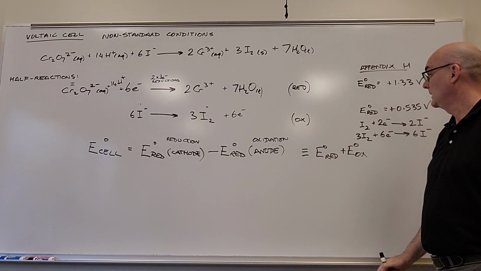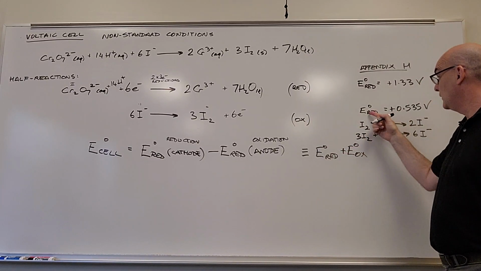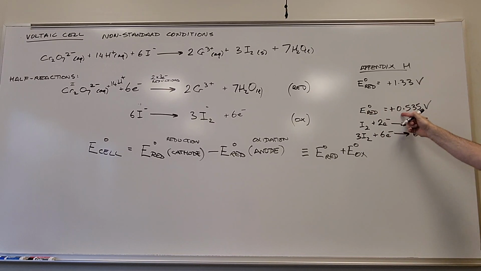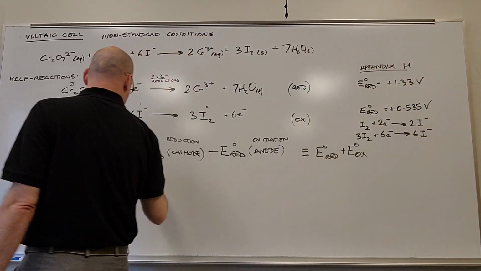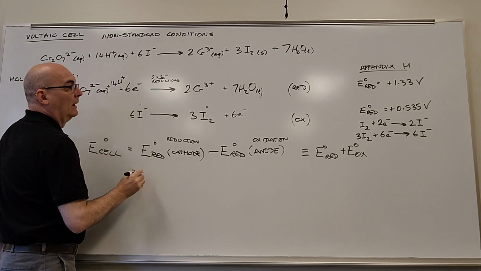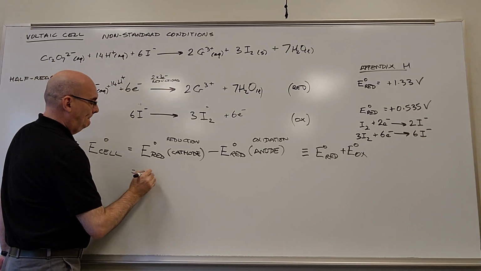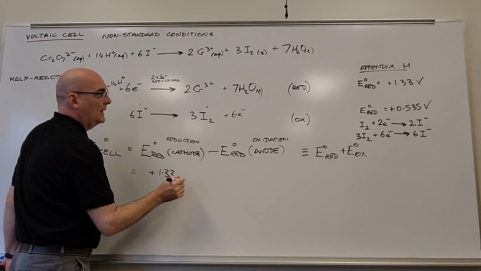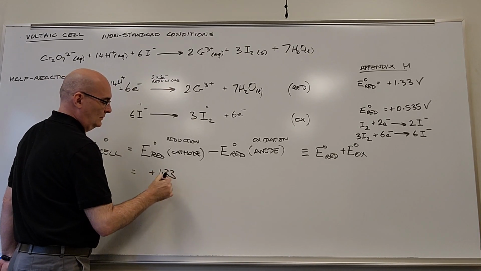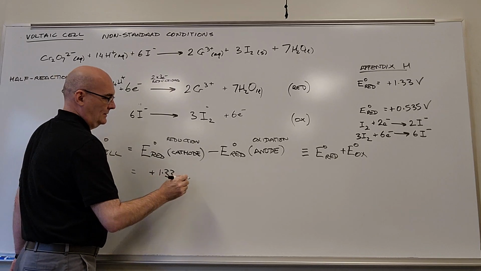So to get to the oxidation potential, you would just flip this and have that be a negative number. We're going to put the negative here. Okay? Stick your numbers in. Don't care what the appendix says. We're going to be using pluses and minuses.